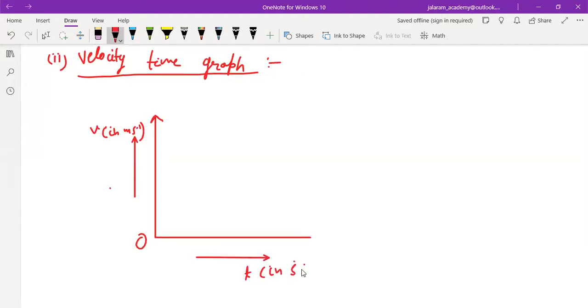Time in second is called the velocity time graph. So write in your notebook after drawing and use only pencil to draw the graphs.